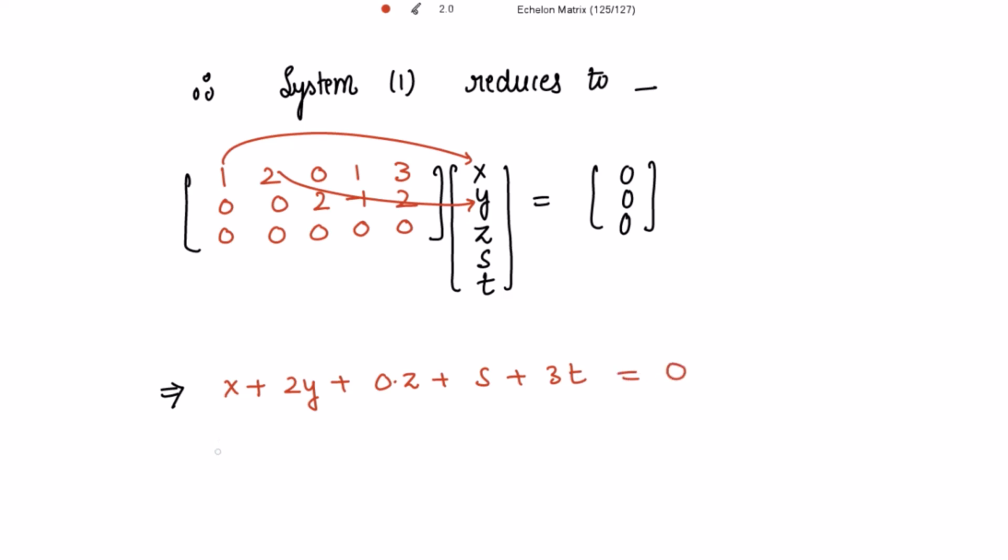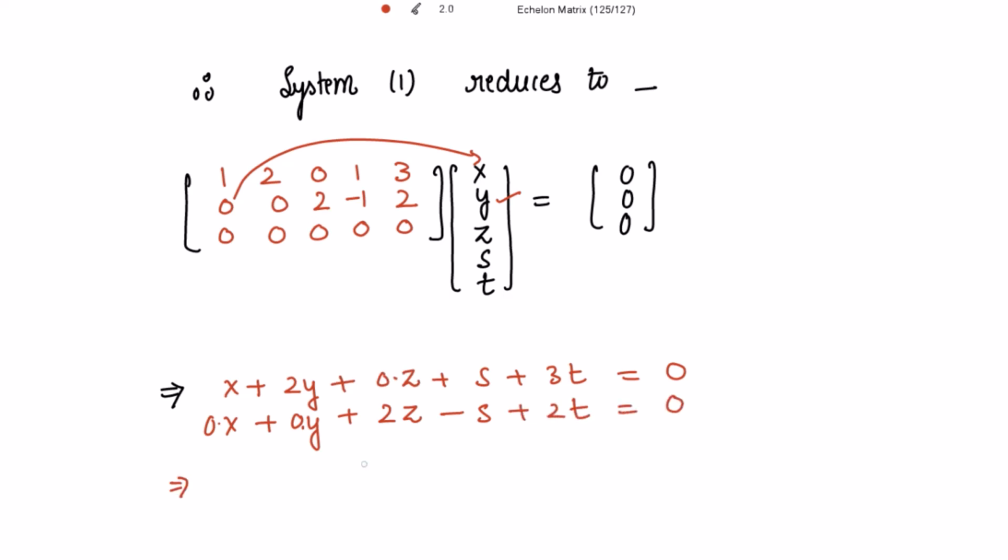And then the second equation: multiplying 0 with x we get 0, 0 with y we get 0, 2 with z we get 2z, and then minus s plus 2t equal to 0. So this implies x plus 2y plus s plus 3t equal to 0, and 2z minus s plus 2t equal to 0. So these are the two equations.